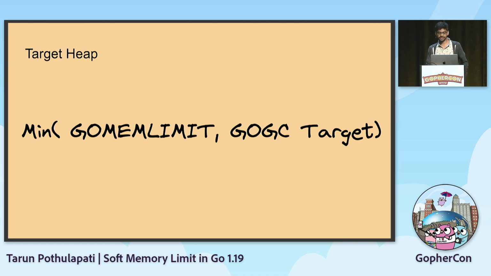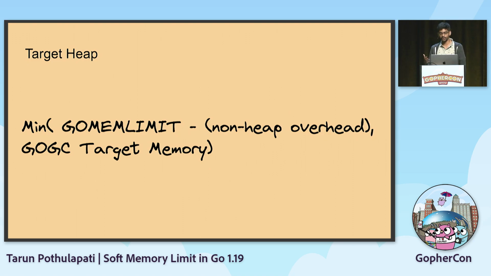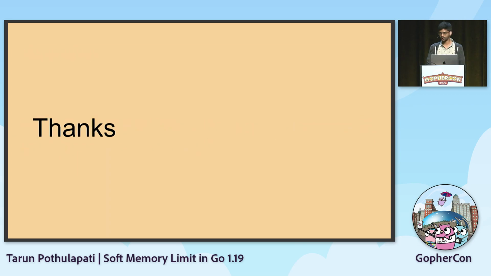So this value essentially becomes the minimum of GOMEMLIMIT minus non-heap overhead, which is specific to the heap, comma, the GOGC target memory that we calculate through the GOGC value. This way, we are always falling back to the minimum if you have a target higher than that, which could be the case in transient spikes and things like that. So that's how GOMEMLIMIT works. And thanks for listening to the talk.